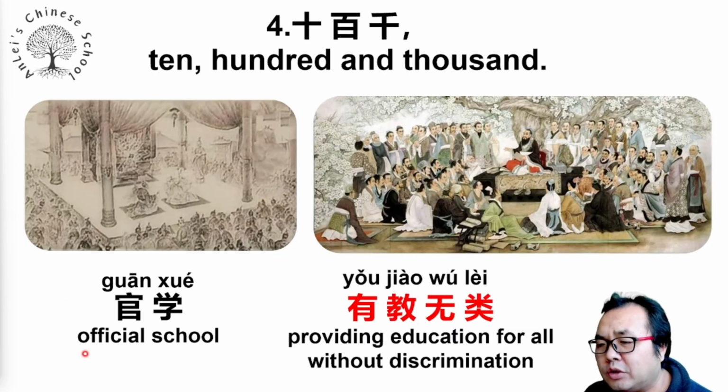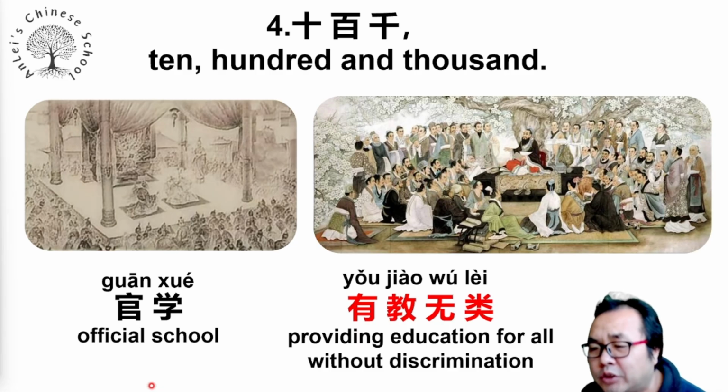About 3,000 years ago in the Western Zhou dynasty, there was a government-run school. It's called 官学, official school. It was specially set up for the children of the nobility, and the main teaching content was the 6 arts, 六艺. We know that before. More than 2,500 years ago in the Spring and Autumn period, education was monopolized by the nobles, which was known as education only in official institutions.